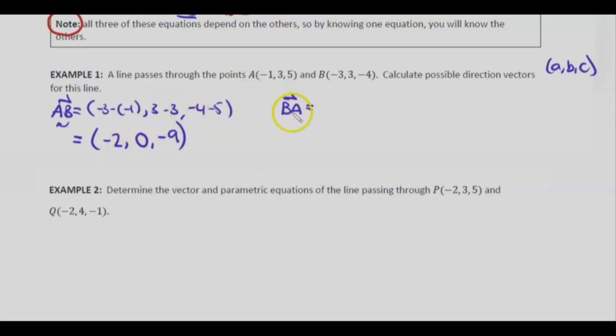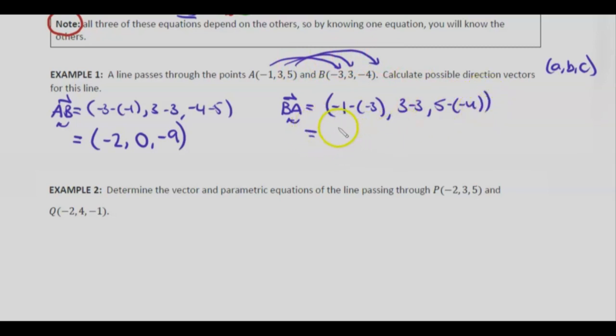Now, let's do vector BA. This time, we're going to go A minus B. We have to stay consistent as well. So -1 minus -3, 3 minus 3, and 5 minus -4. If we simplified this, we'd get 2, 0, 9. Let's take a look at these two.